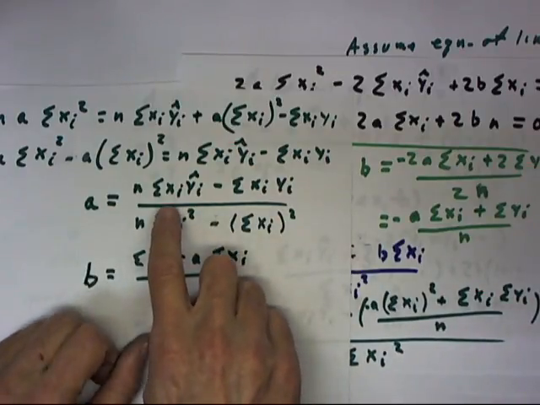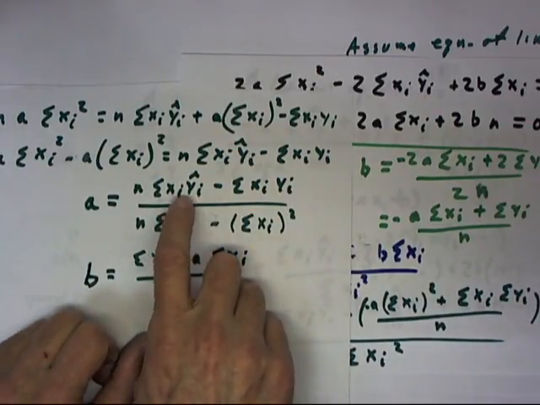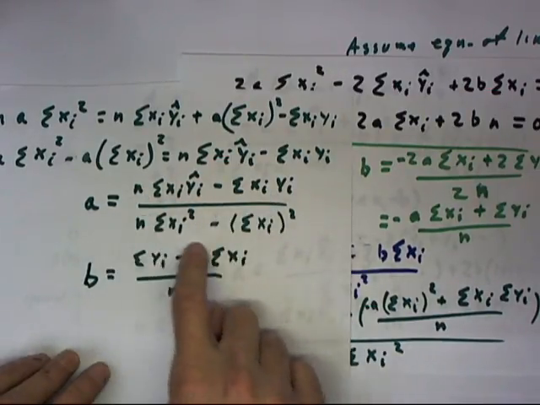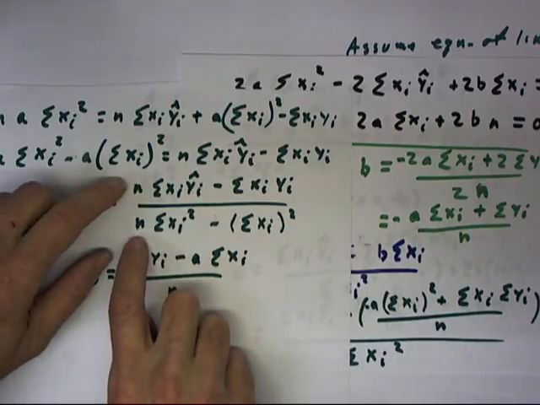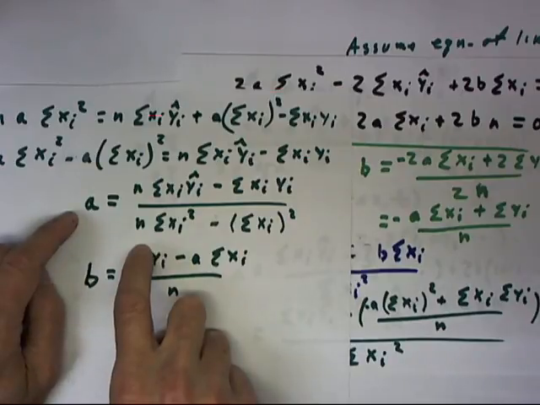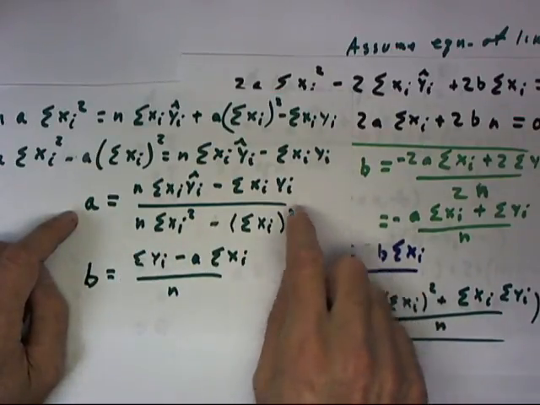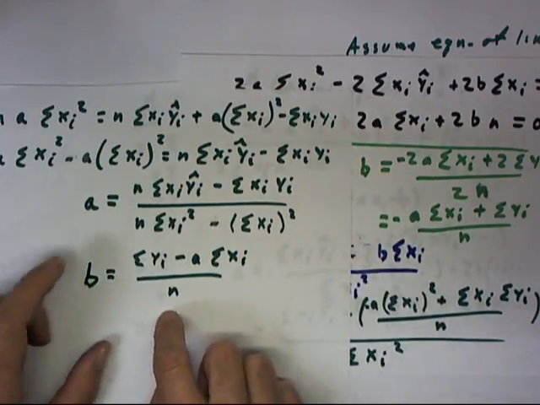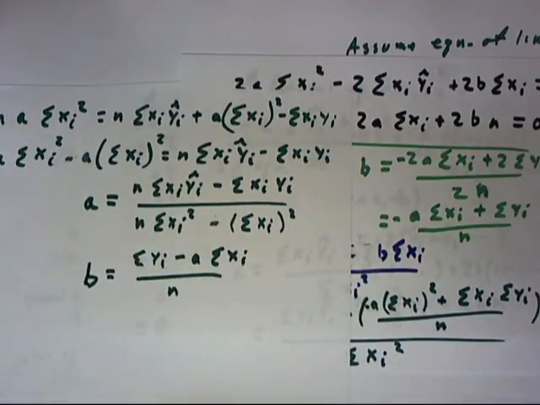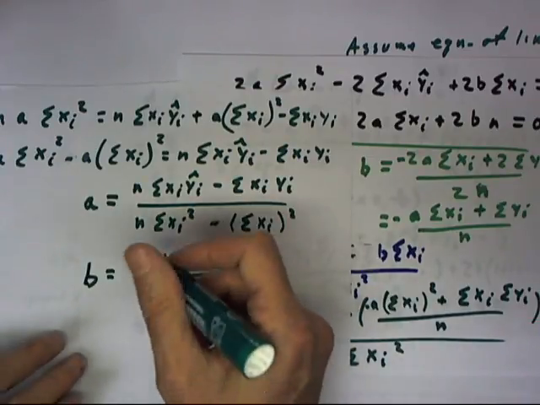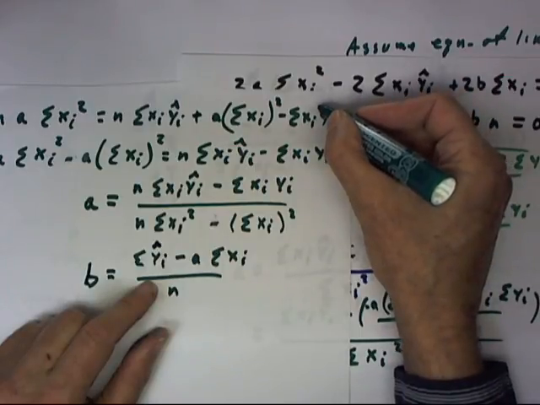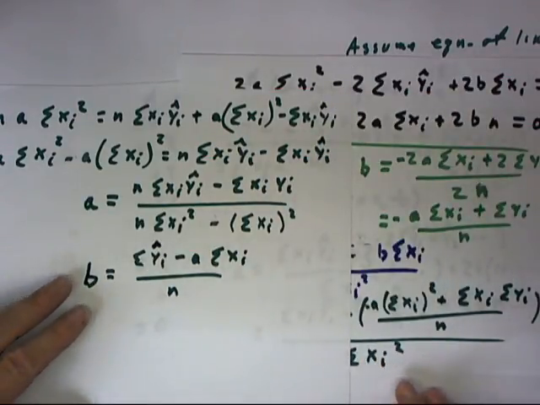Okay, so knowing all our xi's and yi hats, all our observed values of x and y, we can plug them into this formula. We also have to know our value of n, which is just how many data points we have, and we get our value for a. And then we can do the same thing. We can take our value of a along with our known values of yi hat and xi. Not sure where the yi's lost their hats, but they've all got hats.